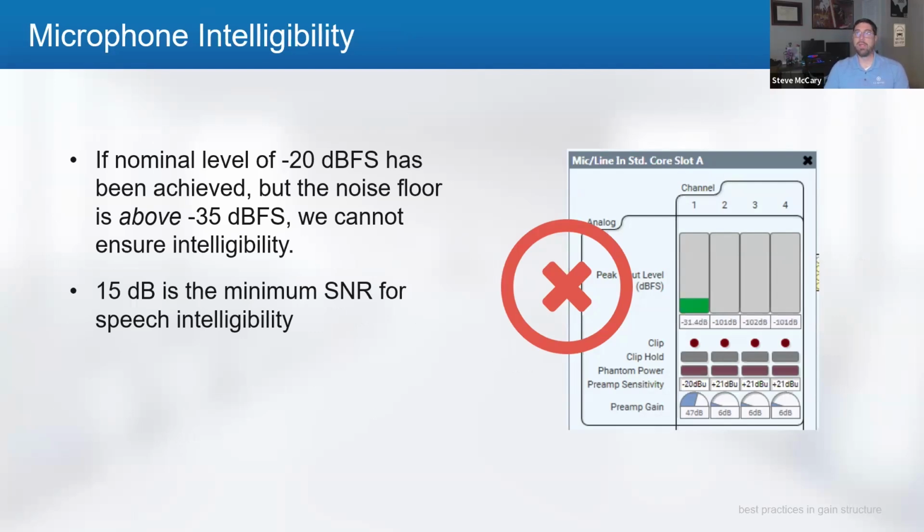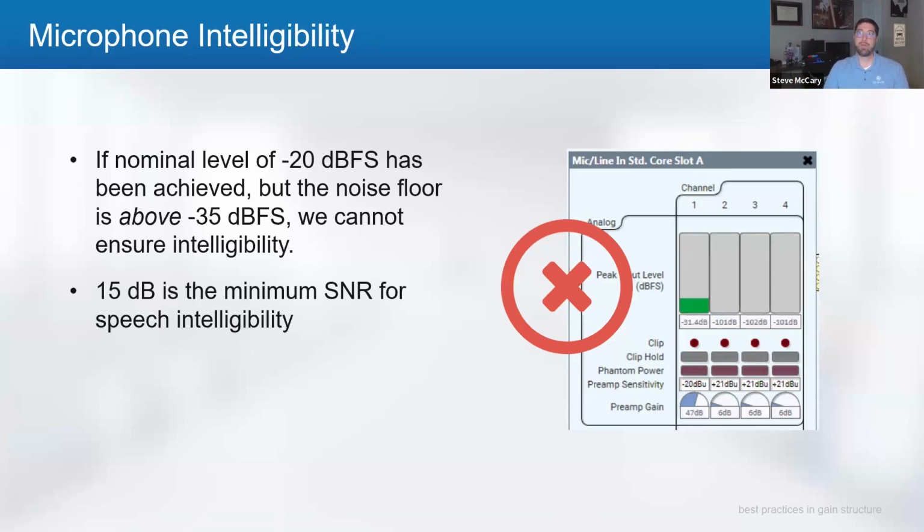So when you set your input, you have talked on the microphone and you are getting yourself to negative 20 DBFS. But when you stop talking on the microphone, you're looking to see what the ambient noise floor is in that room. In this example, there is a noise floor of negative 31.